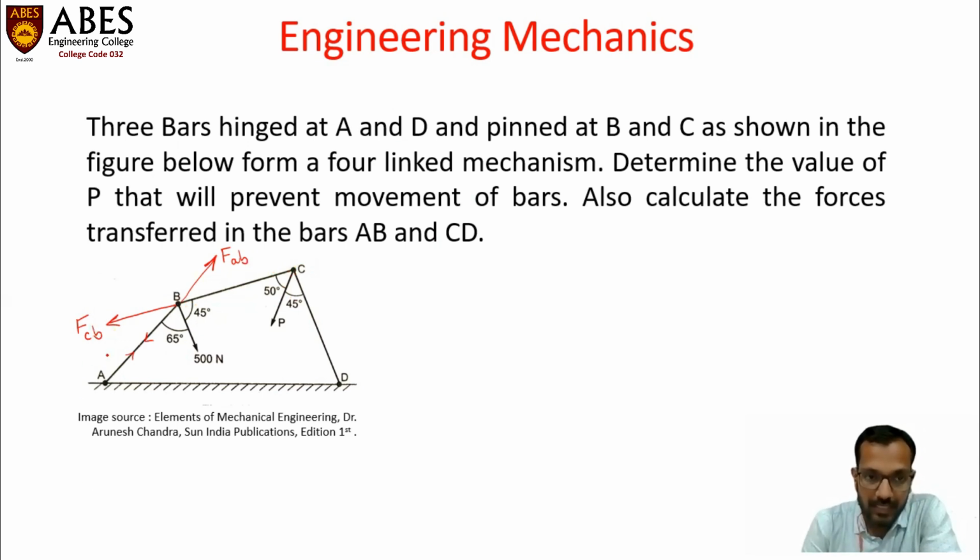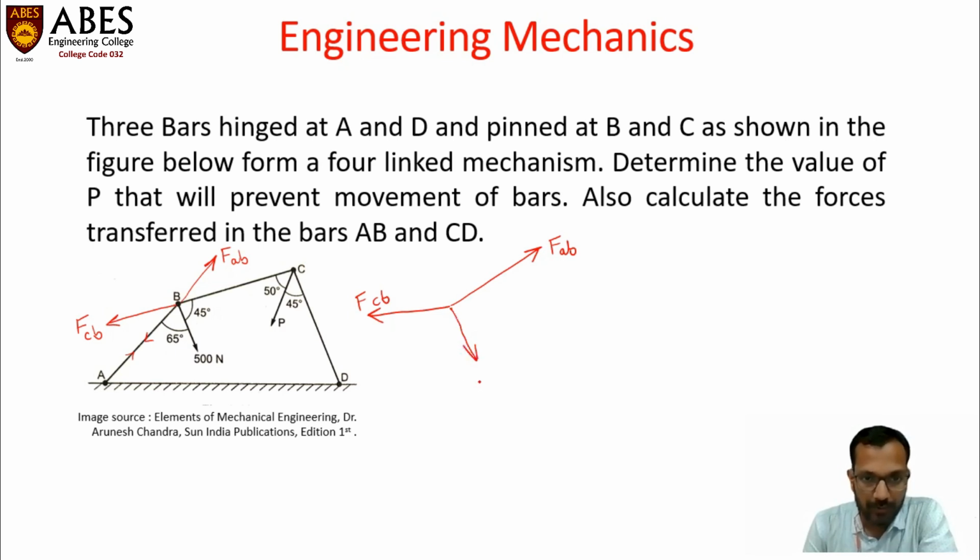So FAB is acting from point A towards point B, in the direction of this link AB, and FCB is in the direction of BC, and this force is acting from this link at point B, from point C towards point B. So let's draw this free body diagram separately for better understanding. This is FAB. This is FCB. And this is the known force, the force which is already known to us.